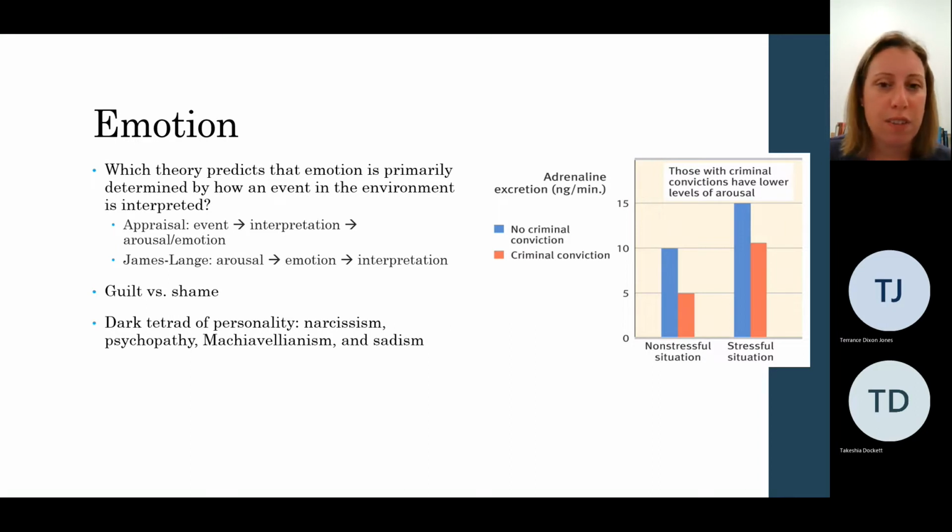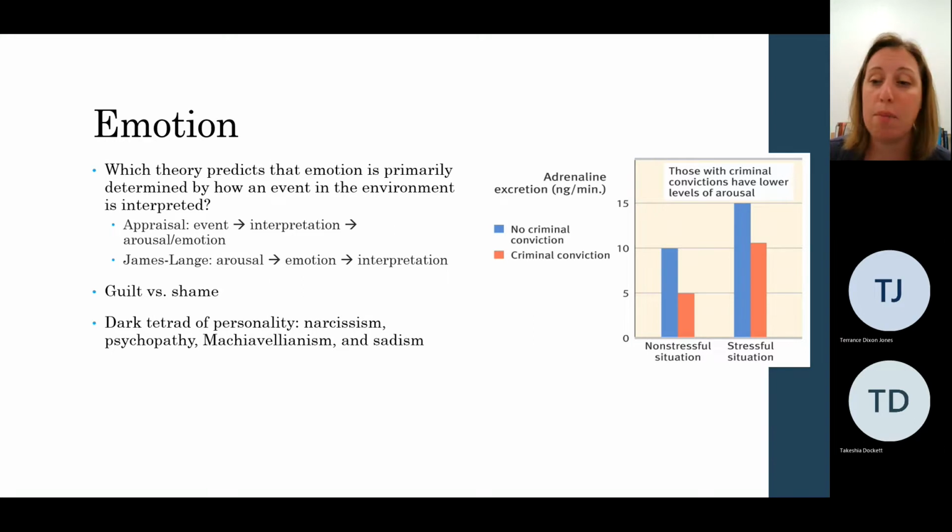Okay, so this figure is the figure that I often show in my development class, but I think it's relevant here. It's looking at adrenaline, so not a specific emotion, but of course we know that the physiological arousal caused by adrenaline can affect our emotions, right? That's consistent with that James Lange theory. They looked at how people respond to watching a non-stressful situation versus watching a stressful situation.